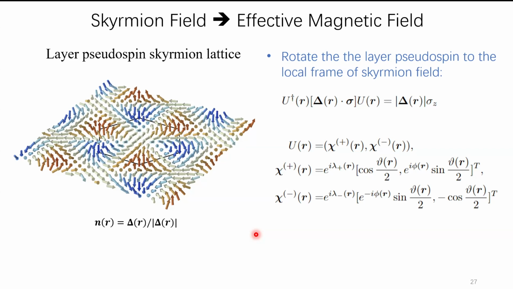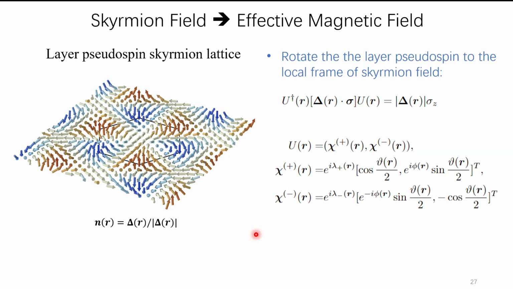But how can we understand it analytically? Can we make a connection to the fractional quantum Hall effect? And the answer is yes, and the answer is provided by Haldane in these two papers.